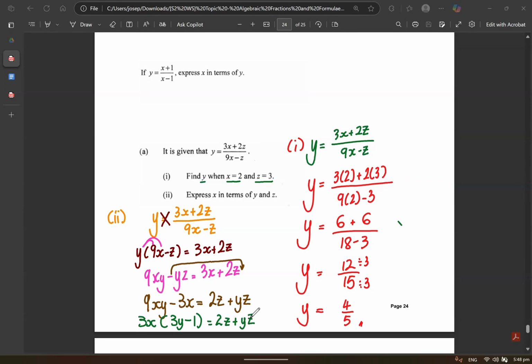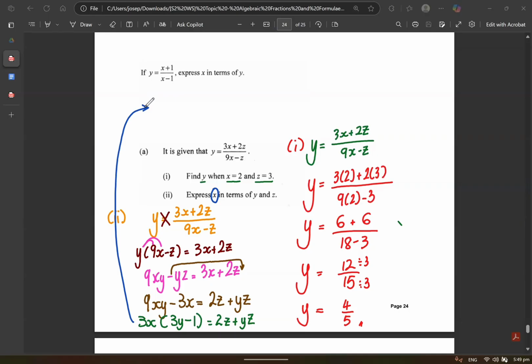Now, once you're done with this, you ask yourself a very simple question. The question wants us to find x. Can we also take out what's common in the other expression? You can, but you don't need to, because the question is not caring about z. The main attention right here is x.